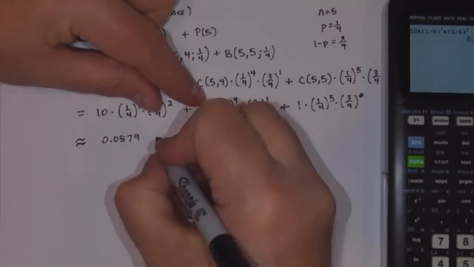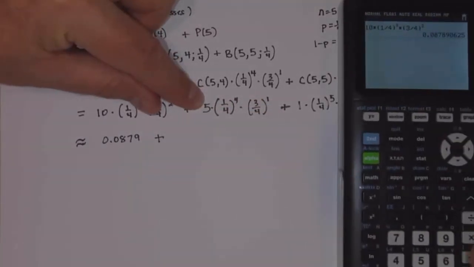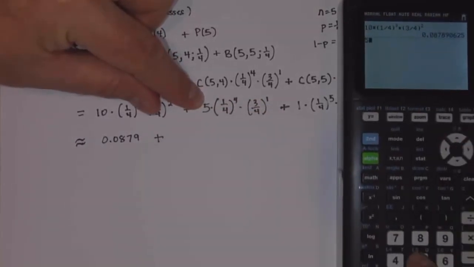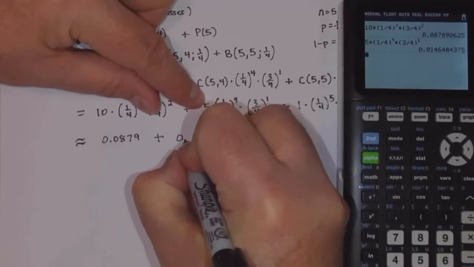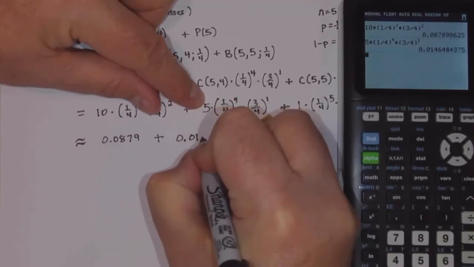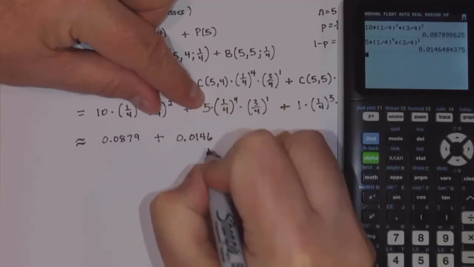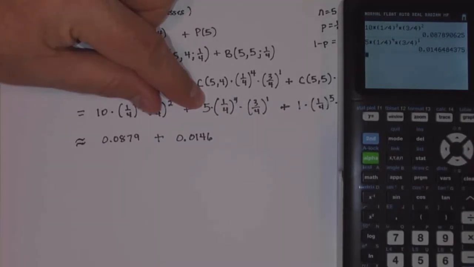Okay? Plus, if I take 5 times 1/4 raised to the 4th power times 3/4 raised to the 1st power. And again, I really don't have to put that 1st power there because that would just be 3/4. So that is going to be 0.0146 if I round to 4 places.